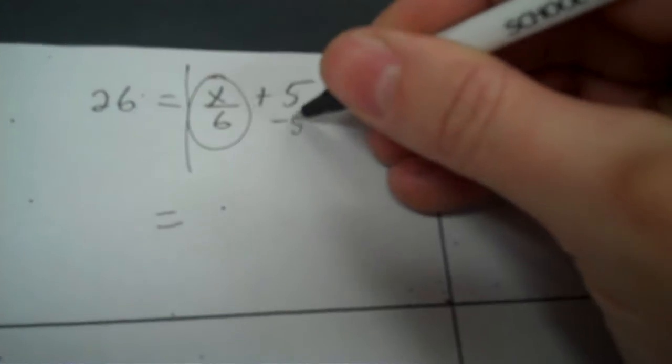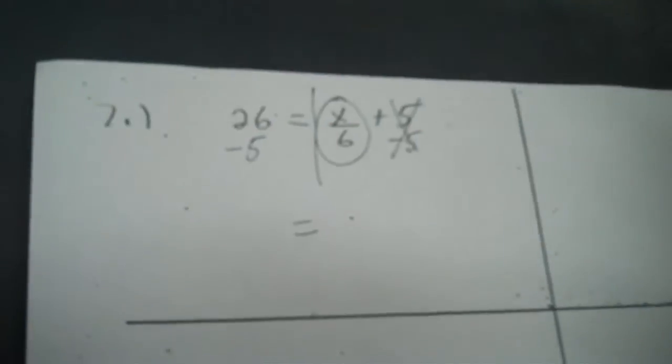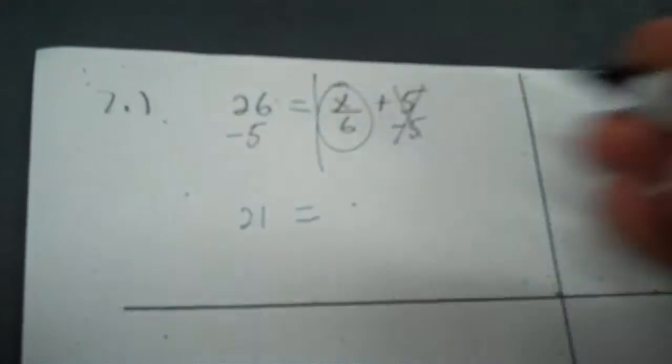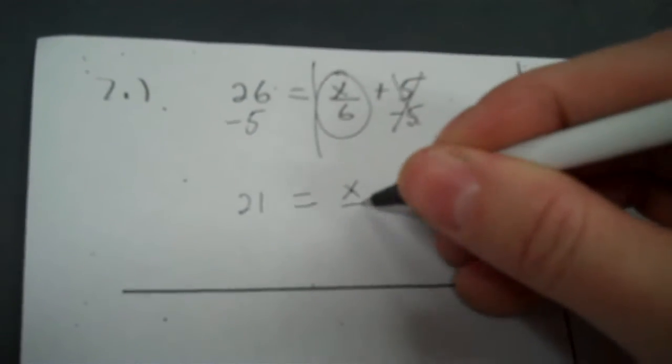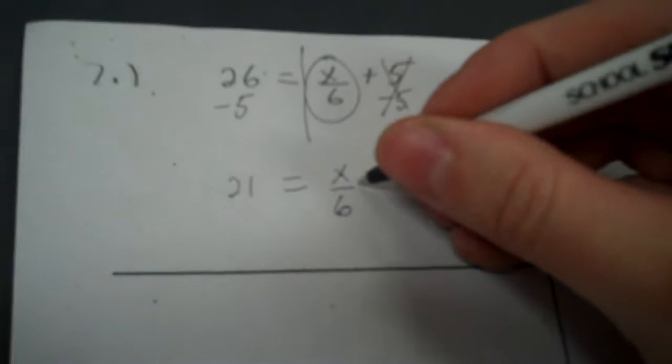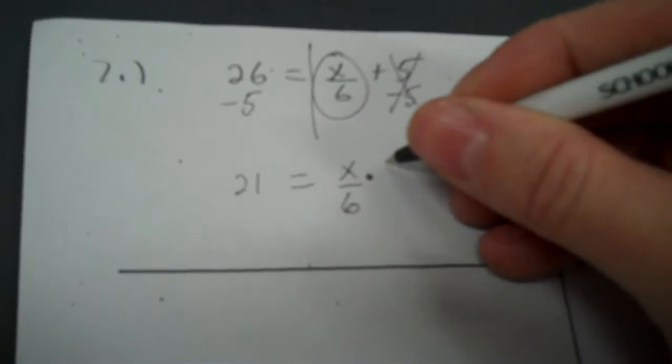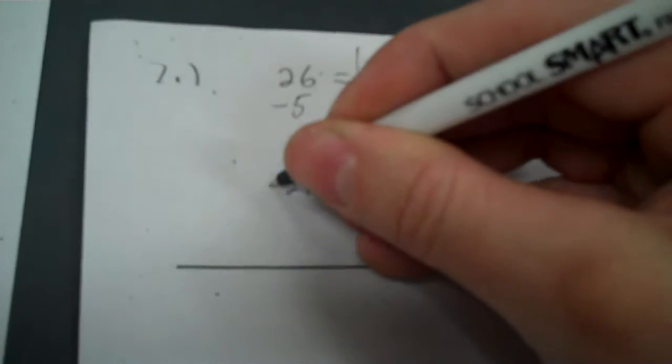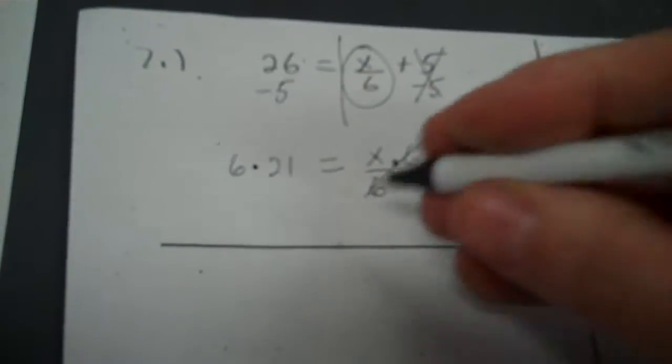So I minus 5, and then I minus 5 over here. So 26 minus 5 is 21. And then over here I've got x divided by 6. Then I'm going to multiply by 6, because x is being divided. Then 6 times 21, line up your equals.